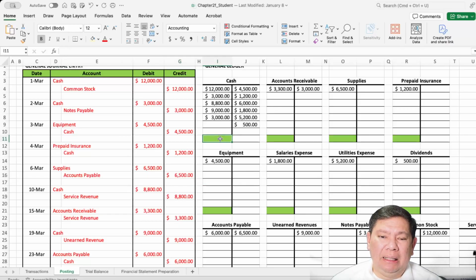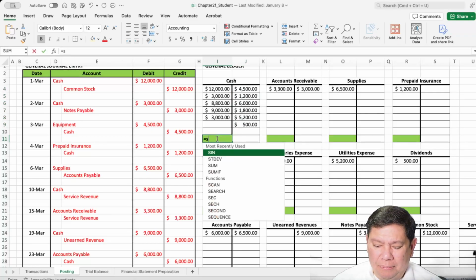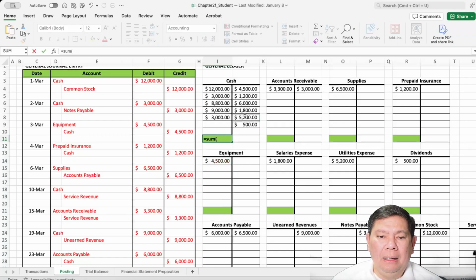For debit account, the ending balance is total debit minus total credit. Okay, use calculator for that. Total debit minus total credit.